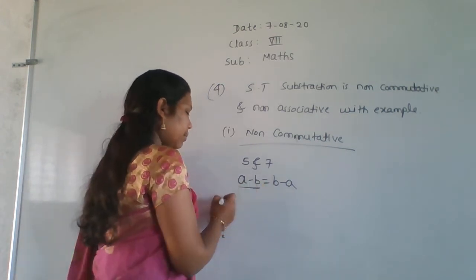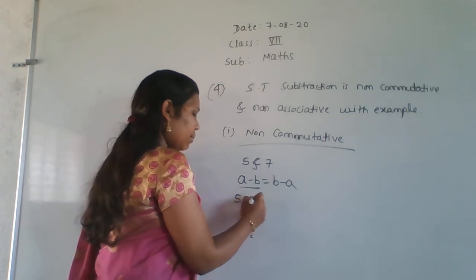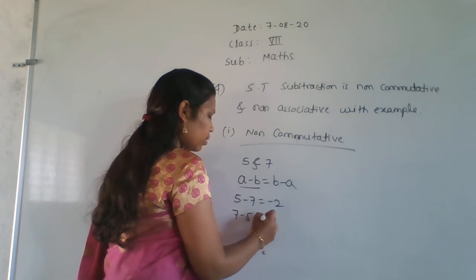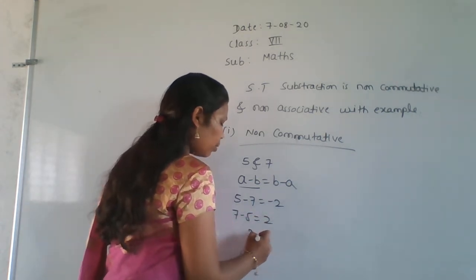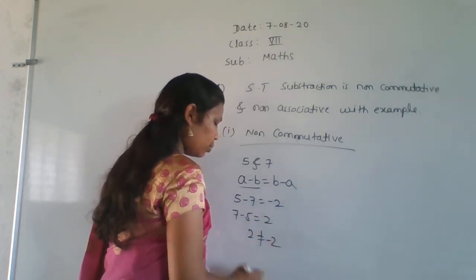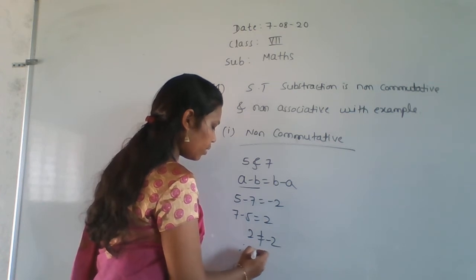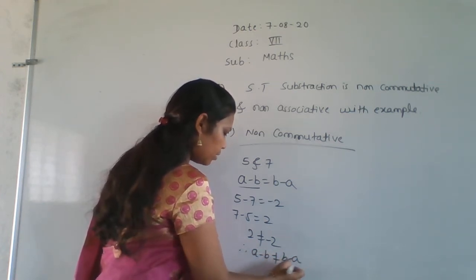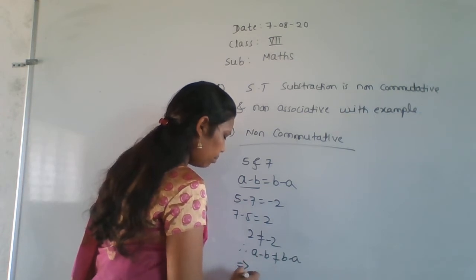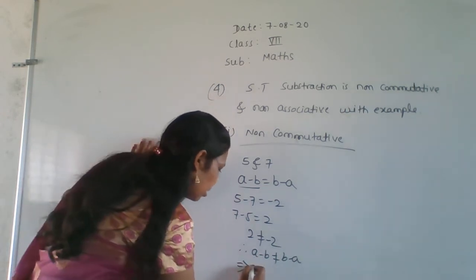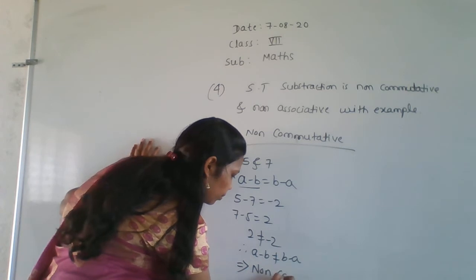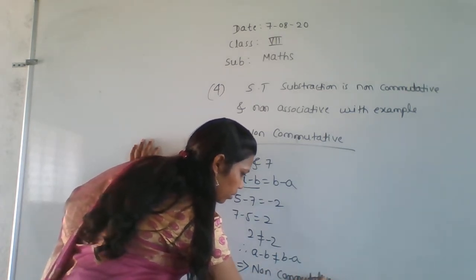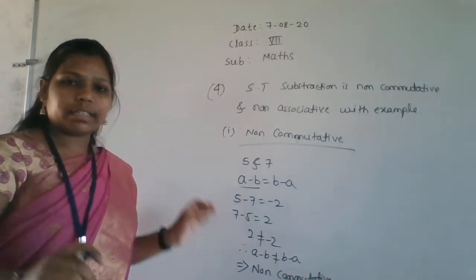So first take A minus B: 5 minus 7 is minus 2. And again 7 minus 5 is 2. Here 2 is not equal to minus 2. Therefore A minus B is not equal to B minus A, which implies that it is non-commutative. Getting my point? See here.